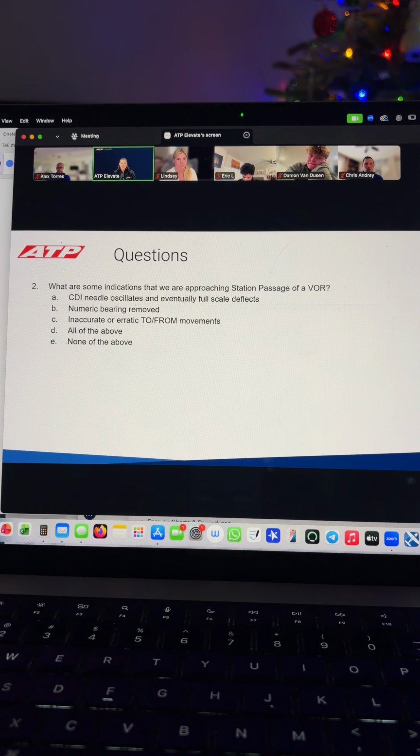What are some indications that we are approaching station passage of a VOR? Very nice, very nice. Yes, so D is the correct answer. We were talking about how the CDI needle will oscillate and go full scale deflection.